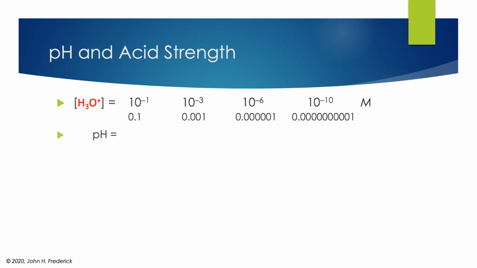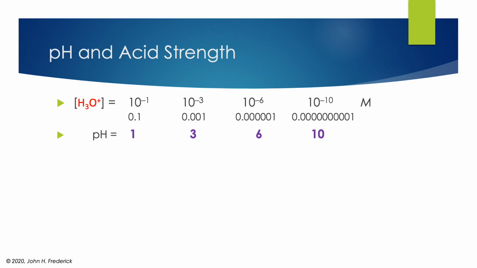So, for example, the first one is 10 raised to the minus 1, so the pH has got to be 1. The second one is 10 to the minus 3, so the pH is 3. This goes on in the same trend, so the last two are 6 and 10. You can see that it's much easier to say, well, it has a pH of 1, instead of saying it has a hydronium ion concentration of 0.1. All right, so we're going to use pH to describe this.